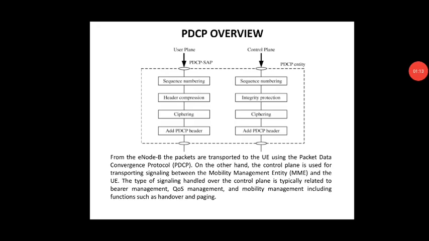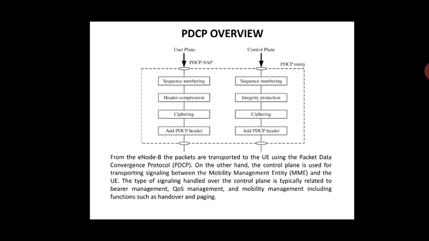As we know, the LTE architecture is divided into user plane and control plane. That is divided into a stack in which the user plane is responsible for transporting IP packets carrying application specific data between the packet data network and user equipment.